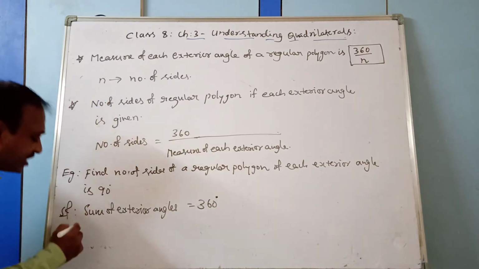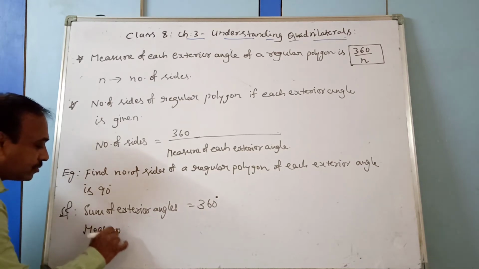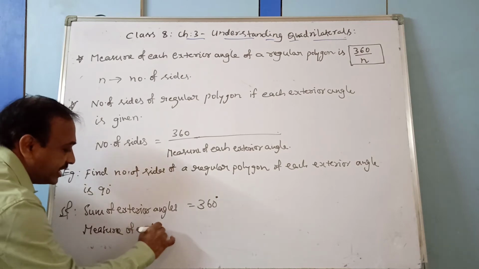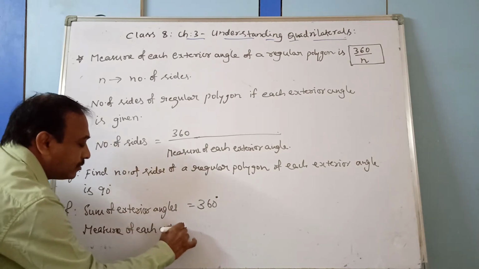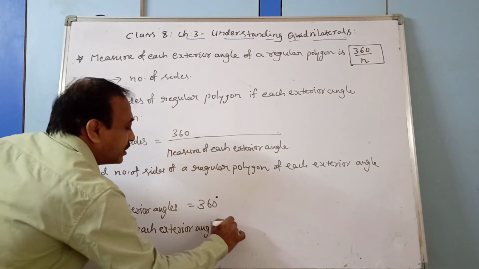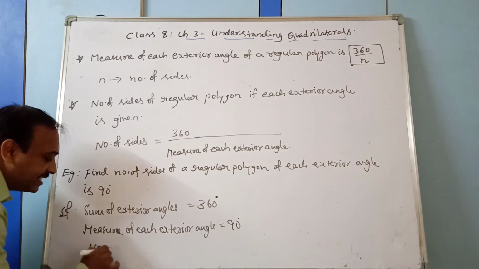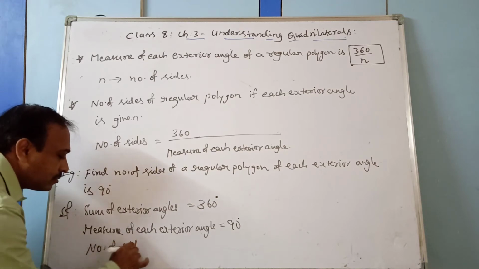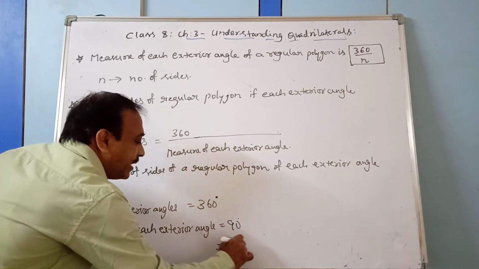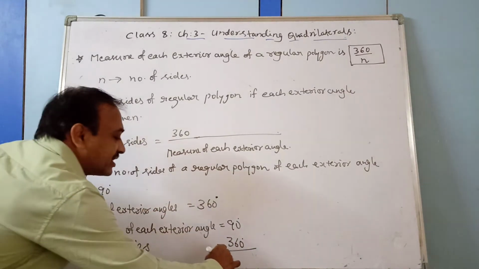Now what is the measure of each exterior angle? Measure of each exterior angle is equal to 90 degrees. Then number of sides is equal to 360 by, what is the formula? Measure of each exterior angle.